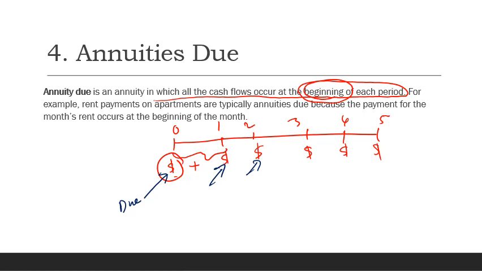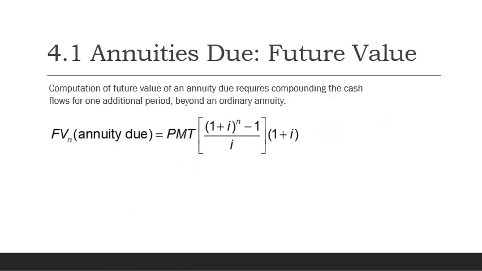So the consequence, as you can see in the next slide, is that there will be an additional multiplication by one period of interest rate to the existing original formula of present value and future value of annuity. So this is the mathematical formula for future value of annuity due. The original formula for future value of ordinary annuity goes until here.